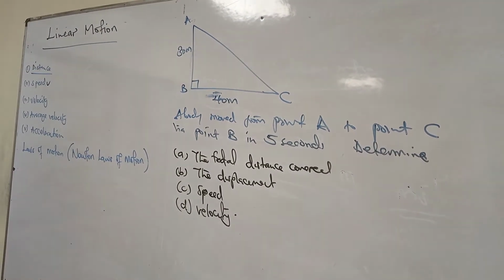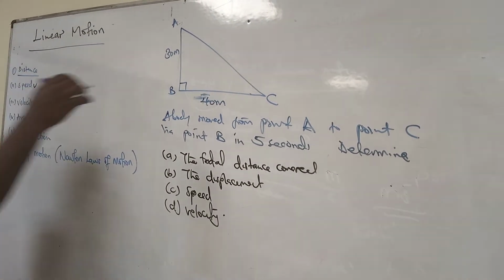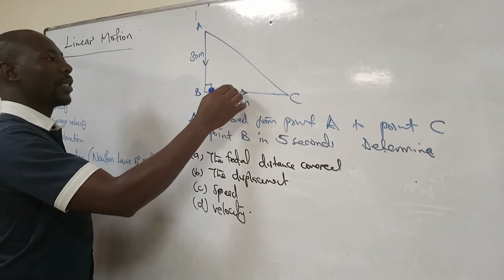So, first thing first, know that this body moved from A to B, then joined C.